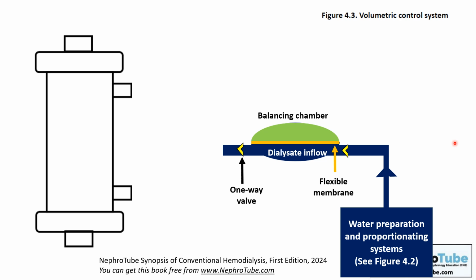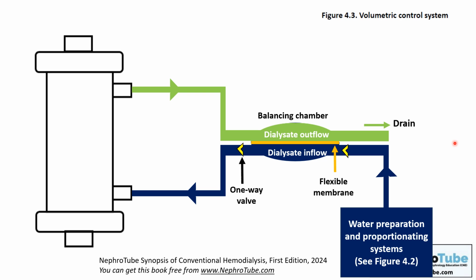These one-way valves guarantee that the dialysate will flow in one direction. Then this dialysate will go through the dialyzer, and the dialysate outflow will go again through the balancing chamber to the drain. And also the balancing chamber has two valves at the inlet and outlet, which guarantee that the dialysate will flow in one direction.